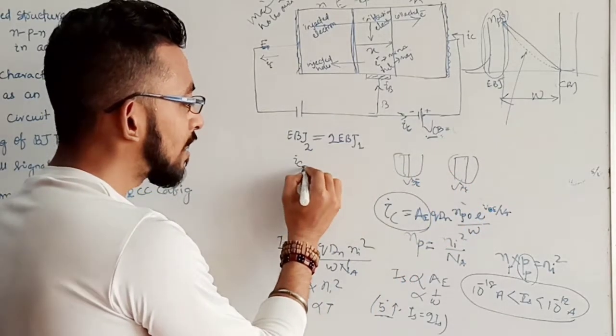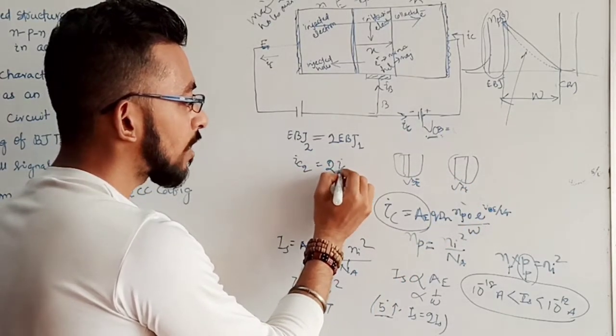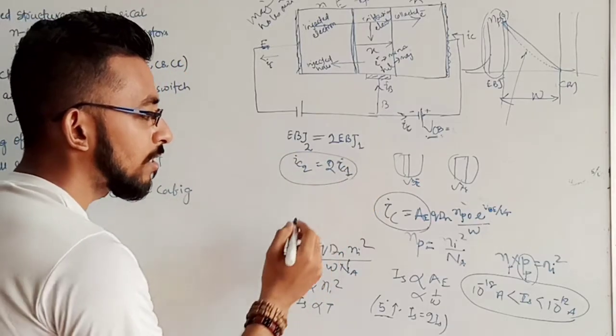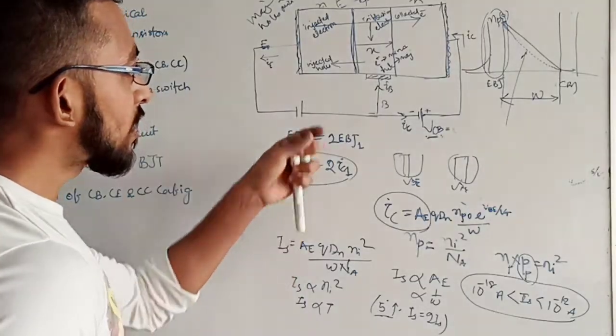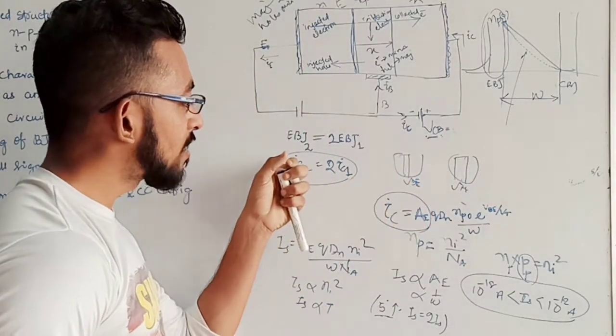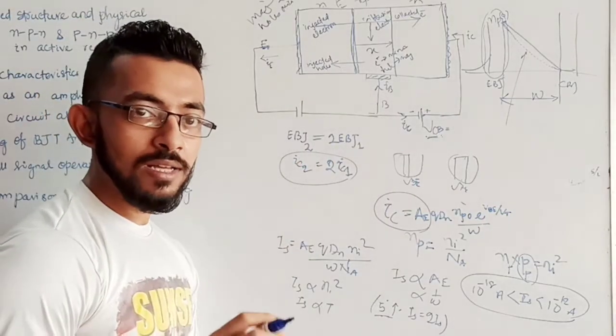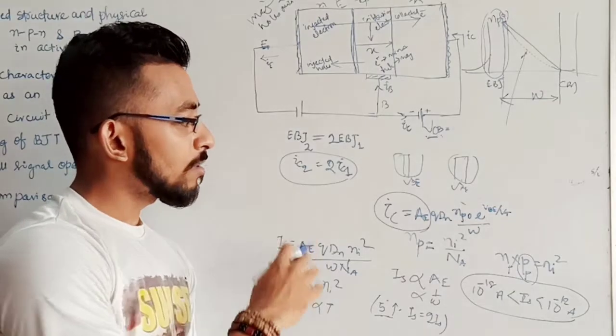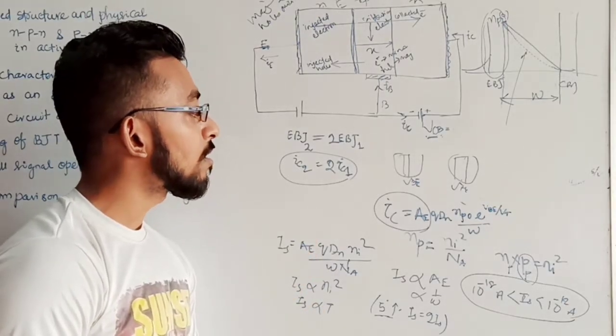Then my IC2 will become 2 times IC1. This is an important relation. Remember, for 2 devices having a fixed value of VBE, the collector current will double if the area of the emitter base junction doubles. Okay, there might be some numerical based upon this equation.